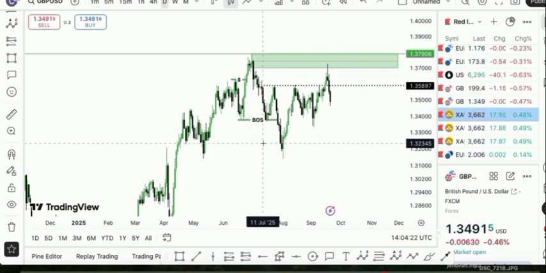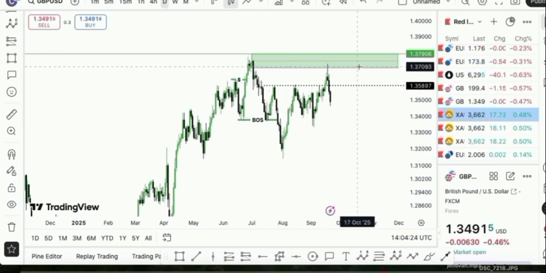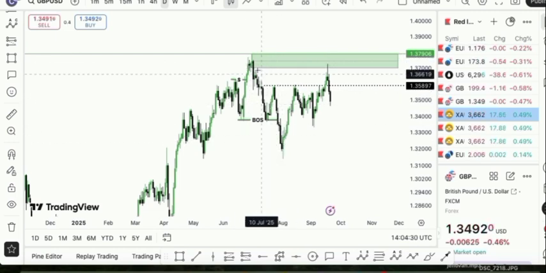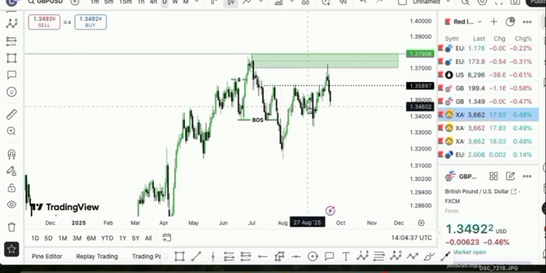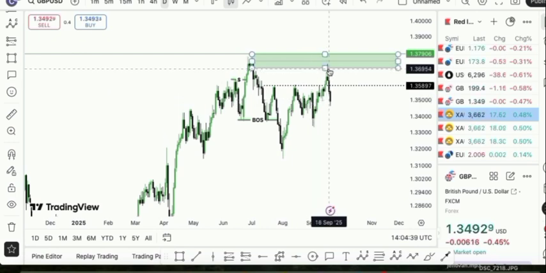Then you wait for the market to pull back into your POI. So here is the order block. This is the origin that caused this break of structure. So you mark the order block, which is this. And finally, the market pulled back into that zone, and you enter this trade for a sell.